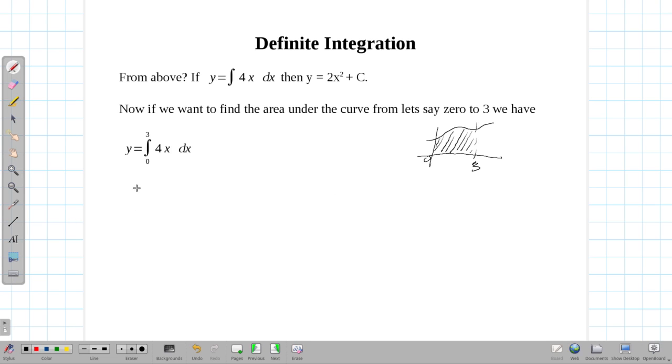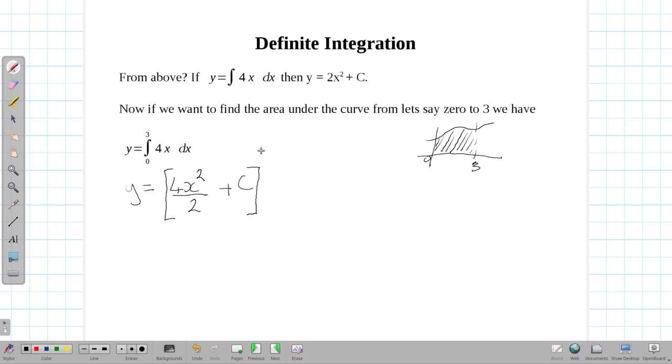So let me do an example. If I integrate this, I will have y equals 4x, raise the power by 1, we've got 4x squared, divide by the 2, plus c, but we've got limits, so we put it in square brackets.